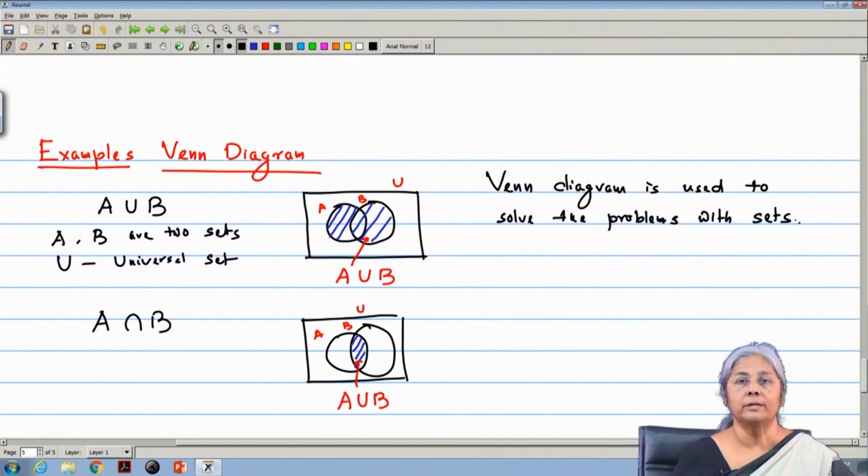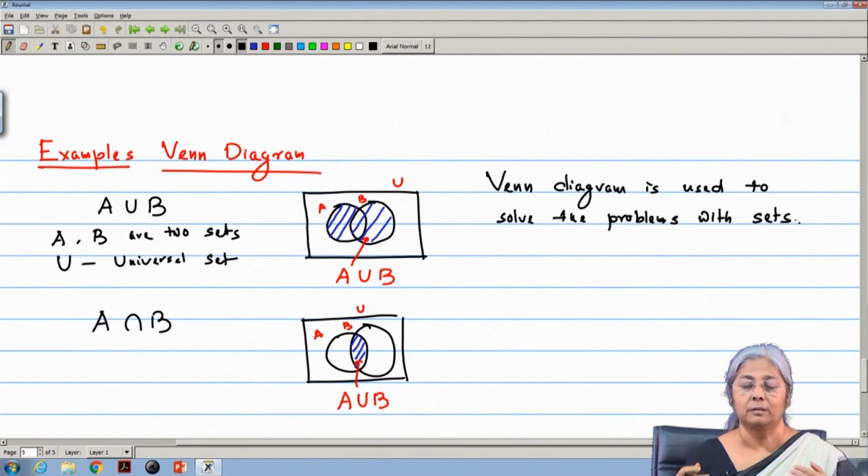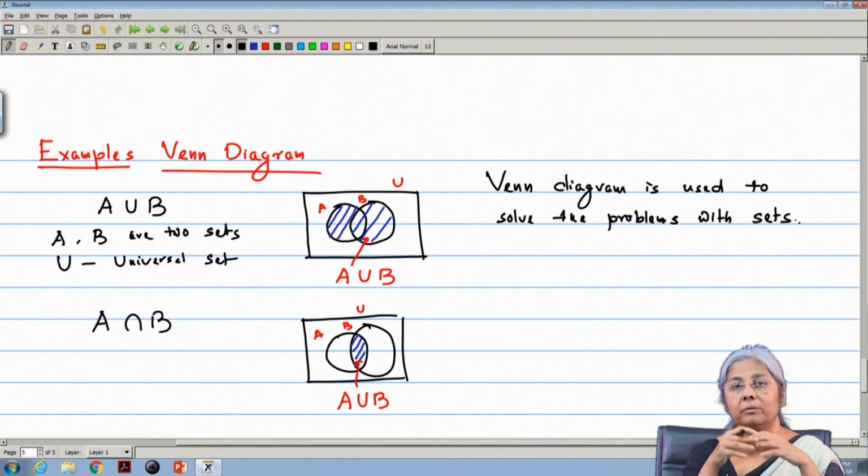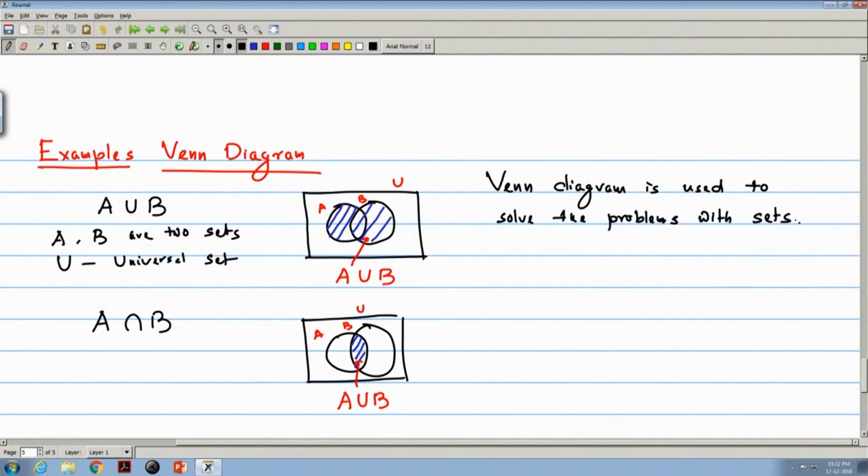We see one example, and it will be one class of problems that we can normally solve very easily using a Venn diagram. So, we take one example.